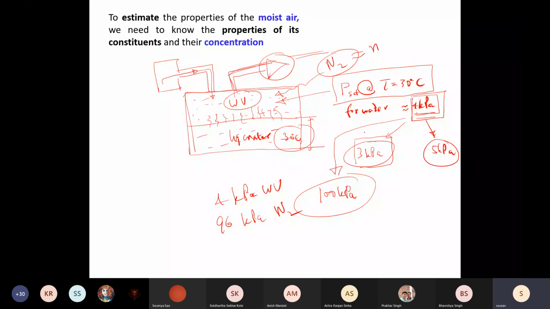Even with a vacuum pump now, you have some non-condensable gas, nitrogen. But what you need to focus on is just the partial pressure of water vapor. If this partial pressure of water vapor goes below 4 kPa by even the smallest of amount, you will have phase change. Can you visualize this part?